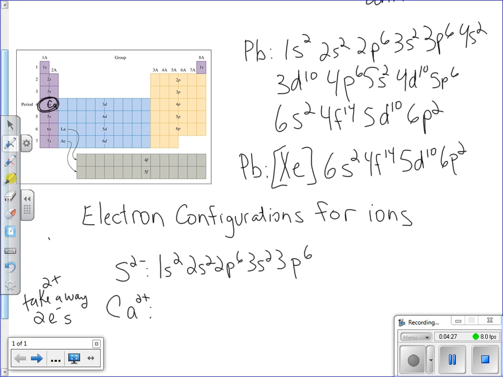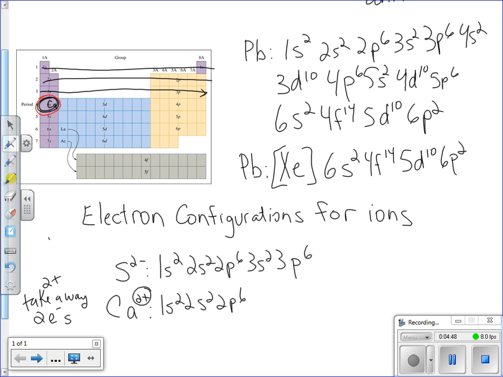We do the same thing. We write the configuration. I'm going to do it the longhand way again. I have to include all these electrons. I don't include those 2 electrons. Why not? Because I have Ca2+. So 1s2, 2s2, 2p6, 3s2, 3p6.